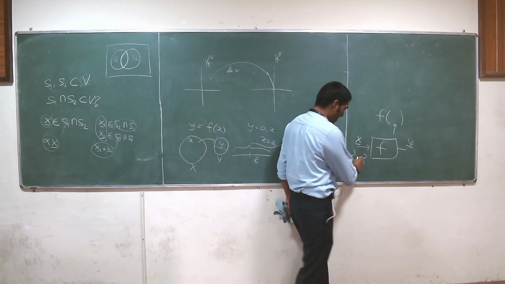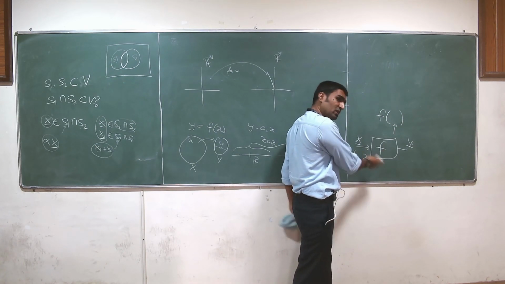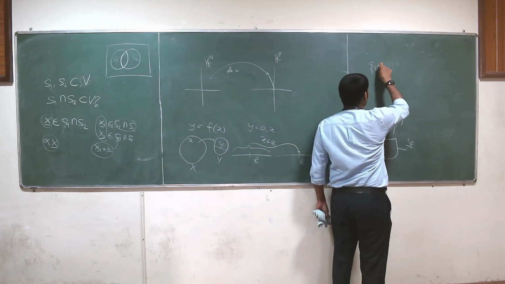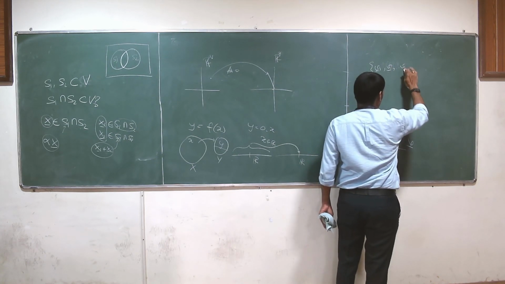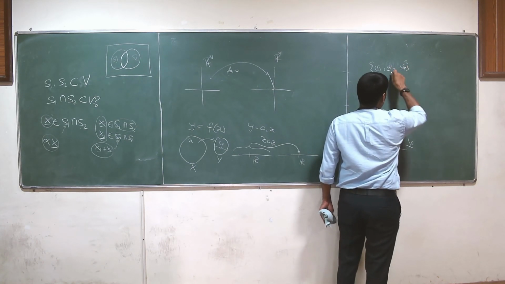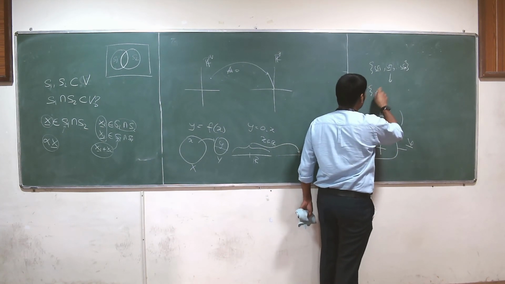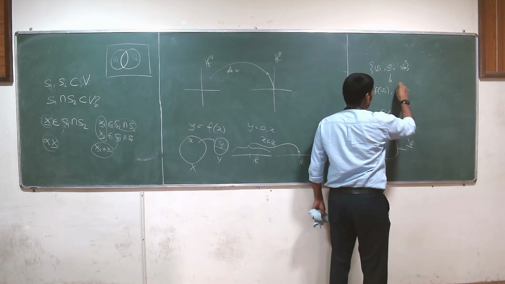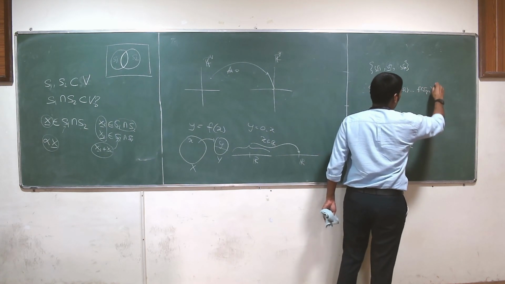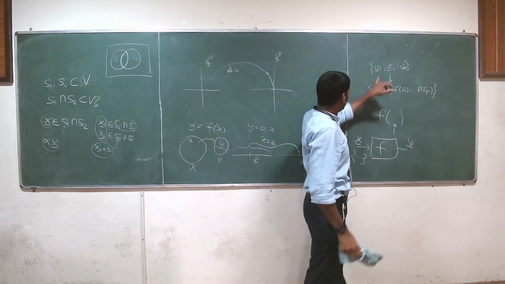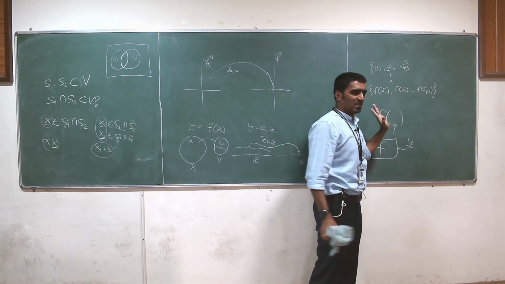Well, if you're asking, if I have a set of vectors v1, v2, ..., vm and I want to apply f to those individual elements, that you can do. You take each individual element, apply the linear transformation, and then you form a new set. That's all.